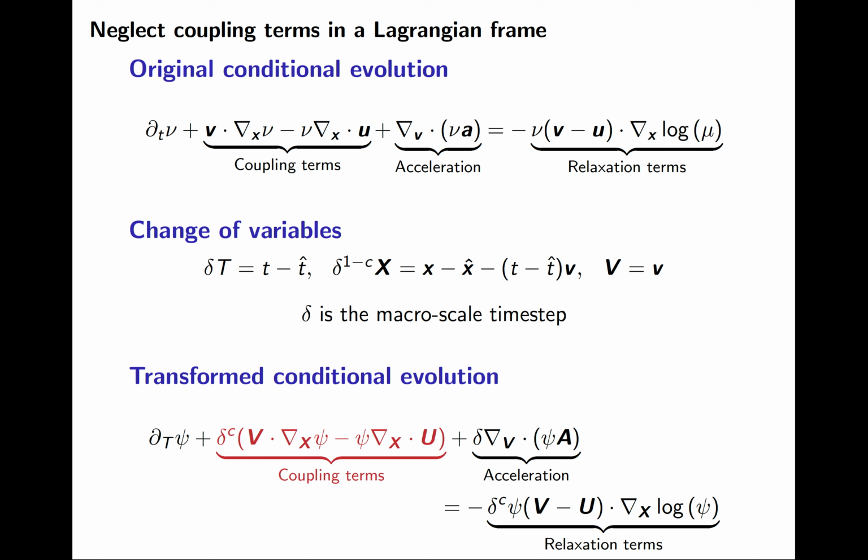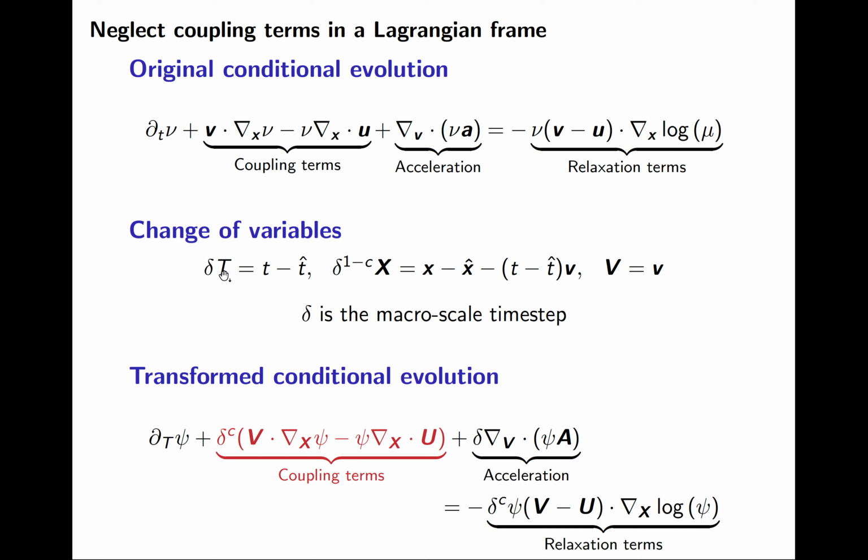And we're going to use this small parameter delta to define a change of variables over time, space, and the velocity coordinate. So this here just says that the small time window beginning at t hat to t hat plus delta in this new coordinate system is going to go from 0 to 1, right?